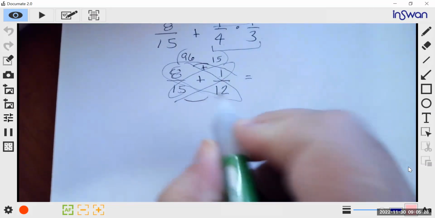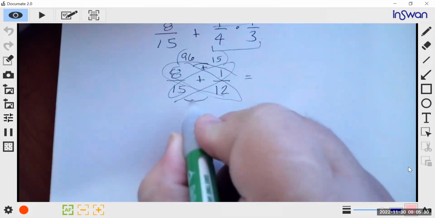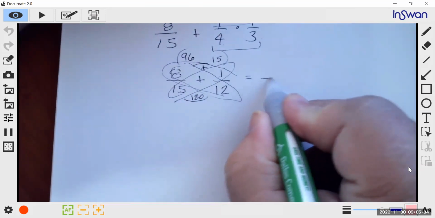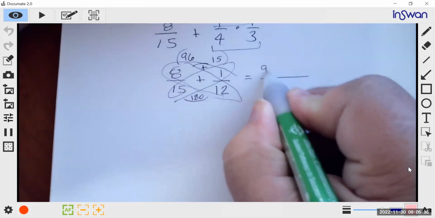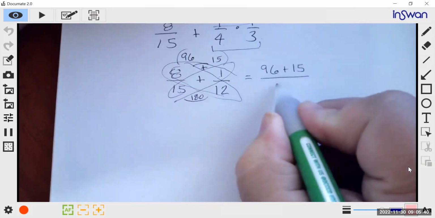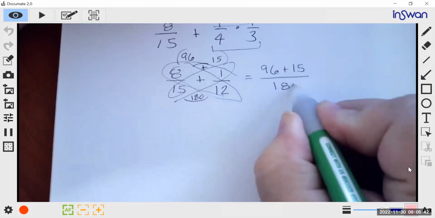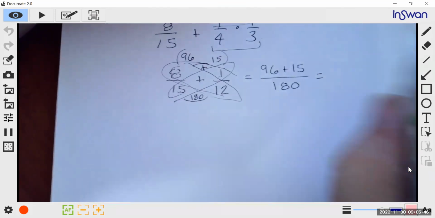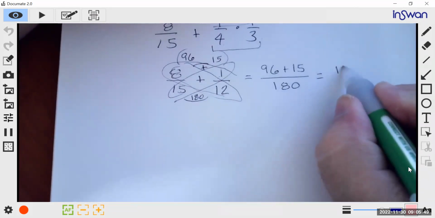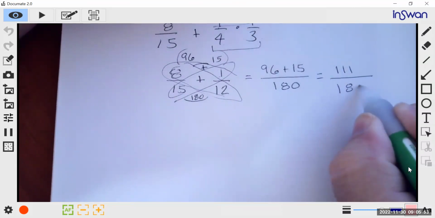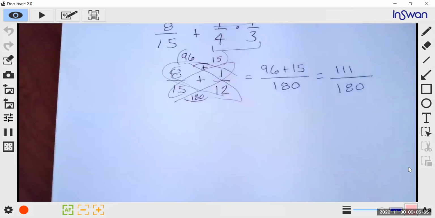And 15 times 12, 180. So we have 96 plus 15 over 180, which is 111 over 180.